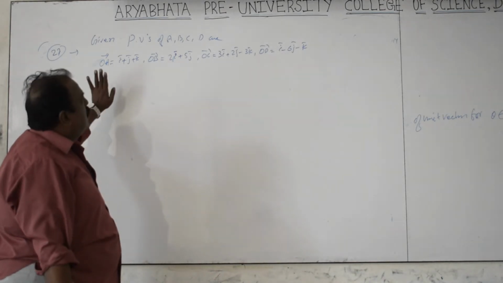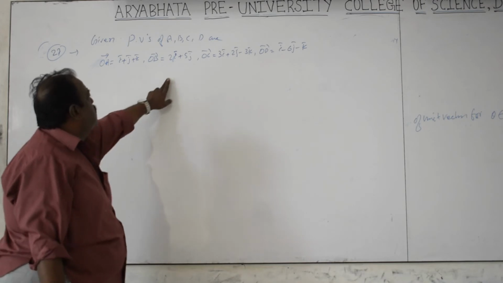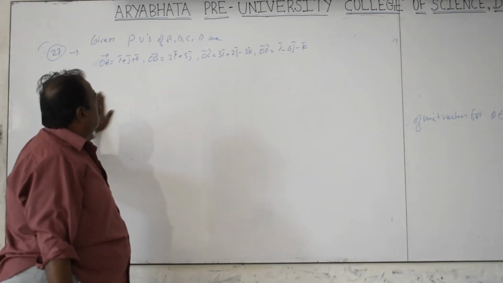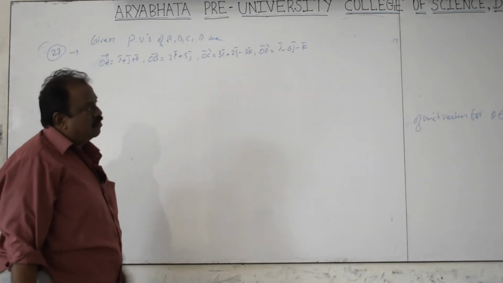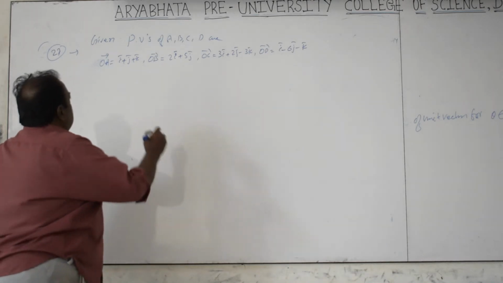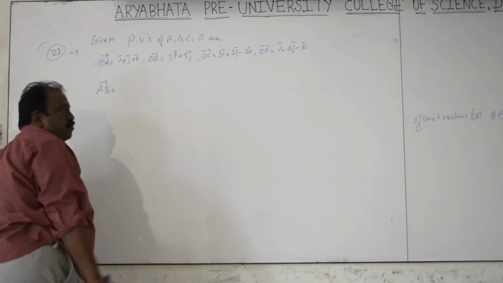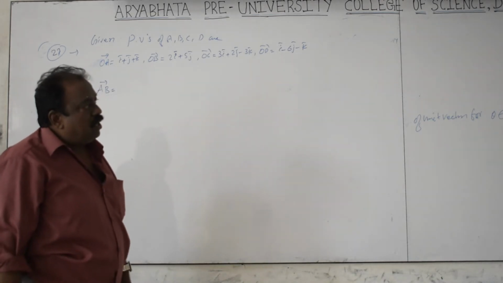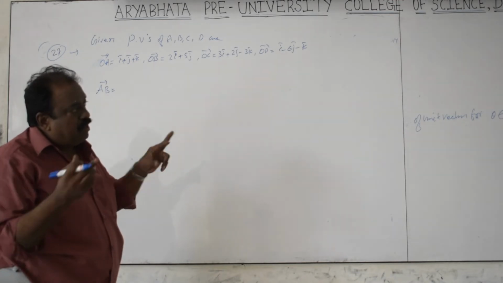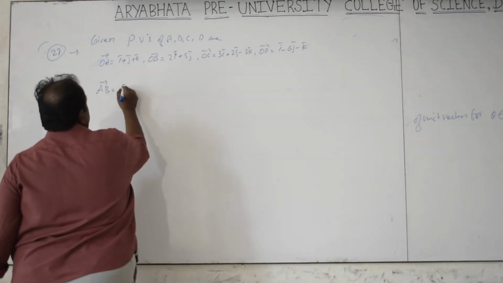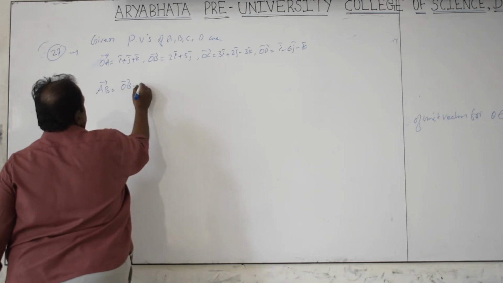These are the four position vectors of the four points. First we find AB bar, because we need to find the angle between AB and CD. AB bar is a free vector.